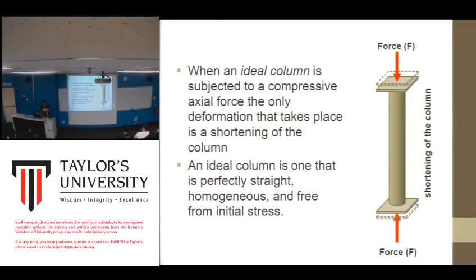When an ideal column is subjected to compressive axial force, the only deformation that takes place is a shortening of the column, as I mentioned earlier. When you have load on top of the column, though for a concrete column you cannot see it because it is very rigid and very hard, there is some shortening of the column. Originally it is that long, but when you put the load on top, it becomes slightly shorter because of the compression.